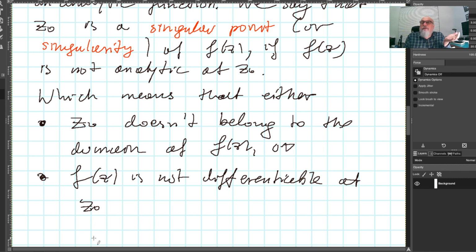And in this case, we understand differentiable to mean complex differentiable, having a complex derivative.